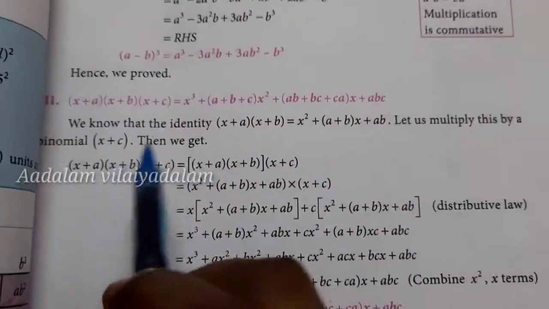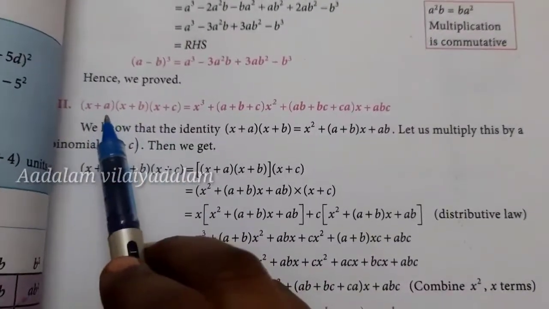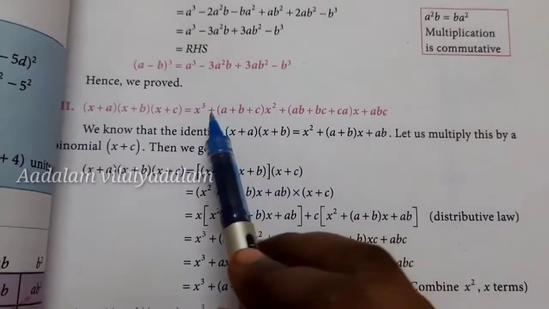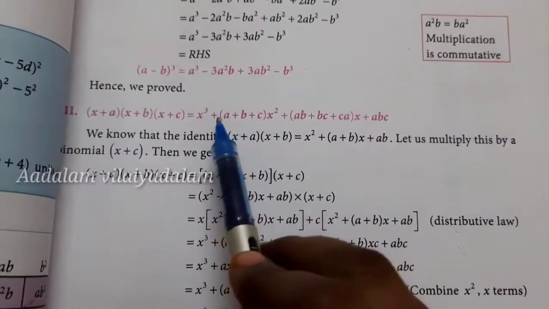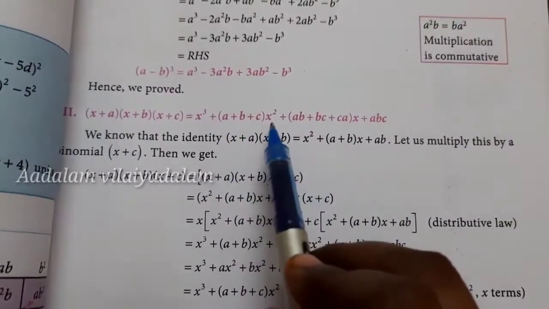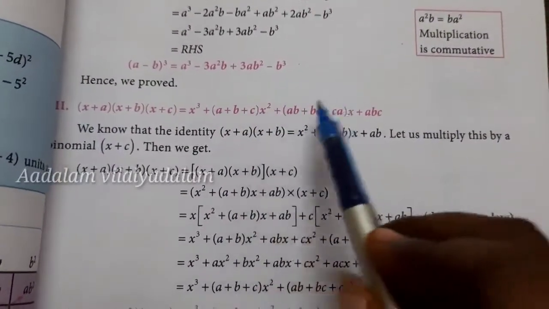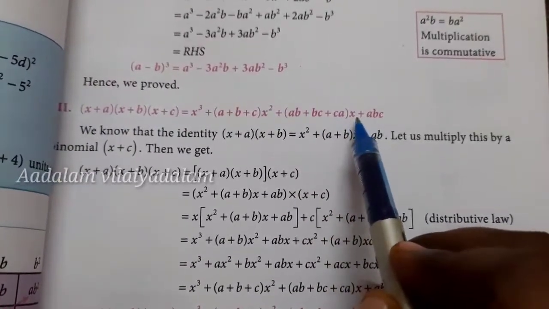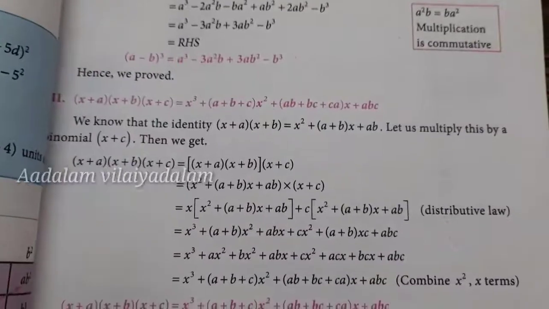And the third formula we can remember: (x plus a)(x plus b)(x plus c) equals x cube plus (a plus b plus c) x square plus (ab plus bc plus ca) x plus abc.